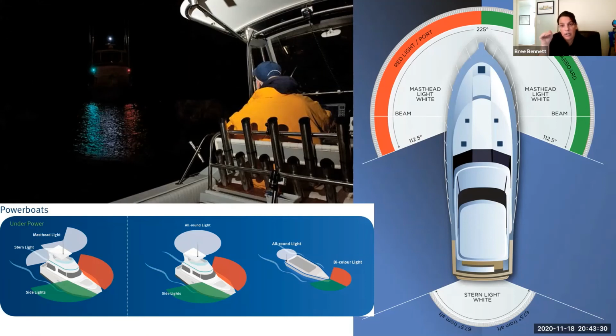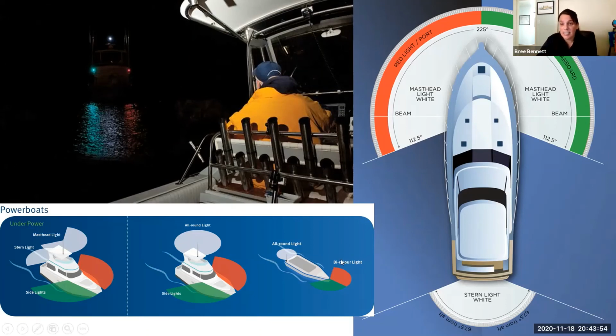If we just see a green and a white, we're only seeing the starboard side. If we just see a white, we're only seeing the stern. So it gives us that aspect for collision avoidance of what side of the ship we are seeing, because we can't see the ship itself. We can just see their lights, and those lights tell us so much information.